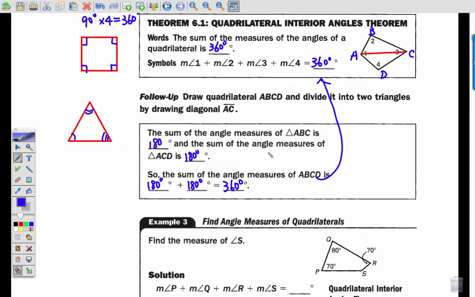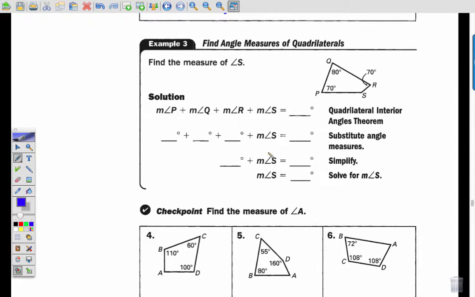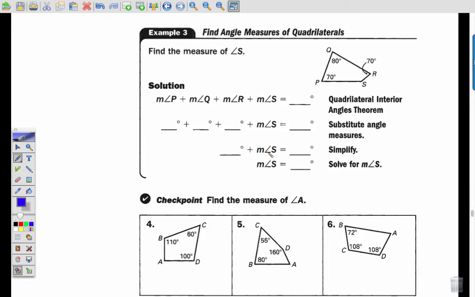Okay, so let's see how we use this in this example. If I have a quadrilateral on the right here, PQRS, I need to find what S is. I don't know what S is, but I know if I add everything together, I should have 360 as the sum of the interior angles. And that's by the quadrilateral interior angles theorem.